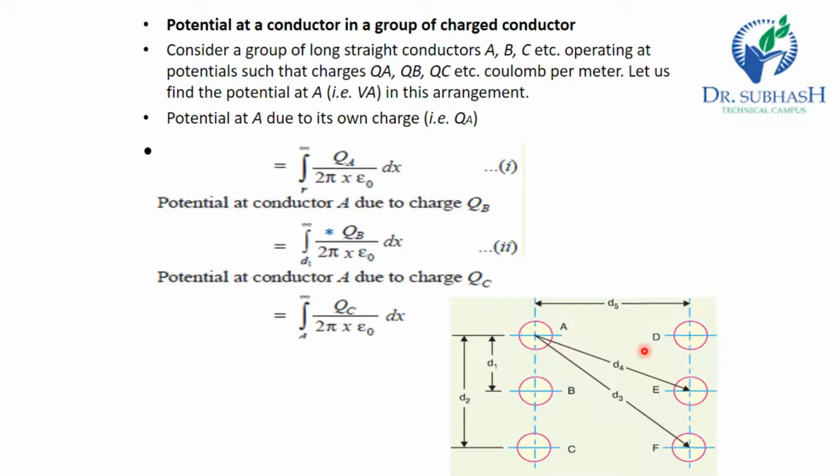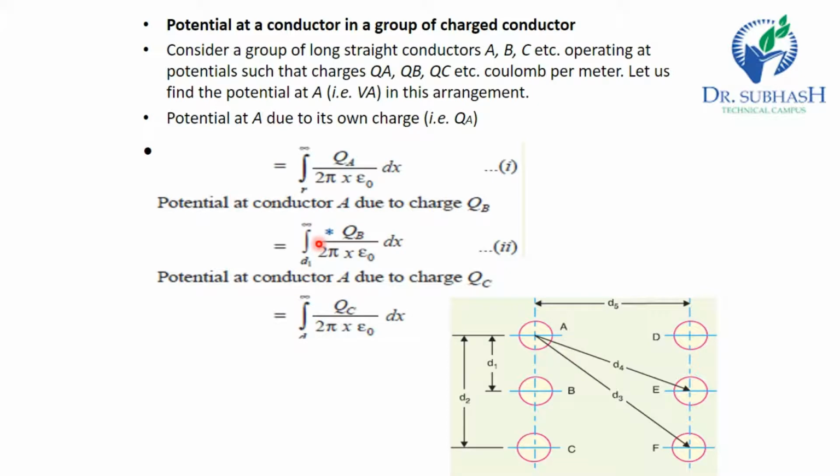So the potential at A due to its own charge is the integral from r to infinity of Q by 2 pi epsilon 0 dx. Now the potential at conductor A due to charge Qb: here we take the limits from D1 to infinity.